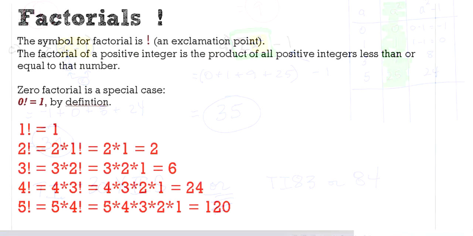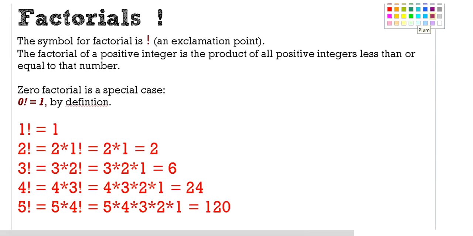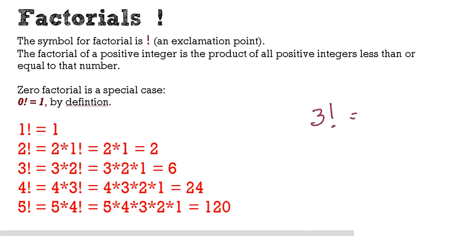And finally, in this review, we have factorials. So when you see an exclamation point written right after a number, for example, 3 factorial, then what you want to do is multiply, starting with this integer, counting backwards in increments of 1.